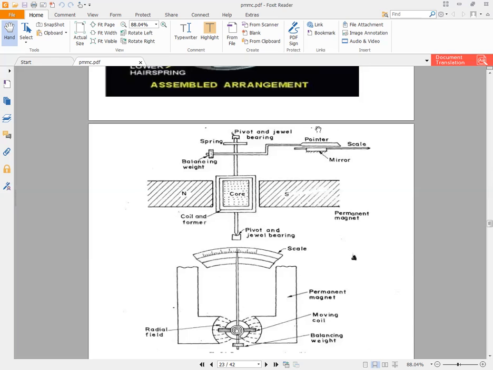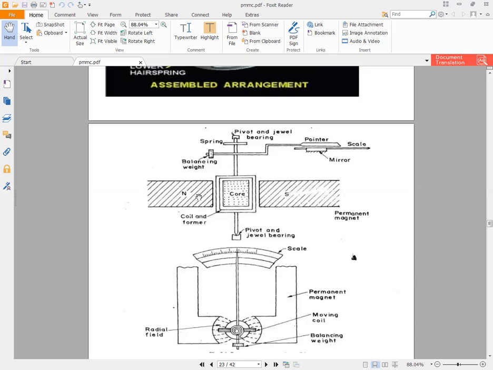For the measurement, we require the pointer, mirror and the scale. So in detail, we have to take each part, the function of each part and which material is used for the part. First one is the permanent magnet.